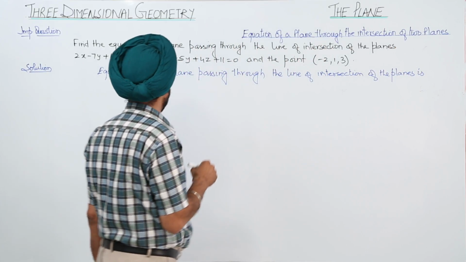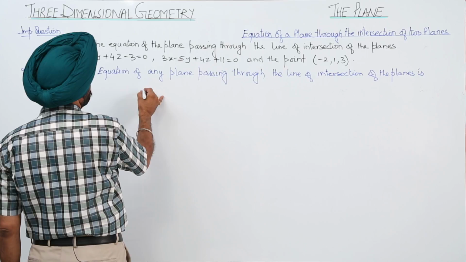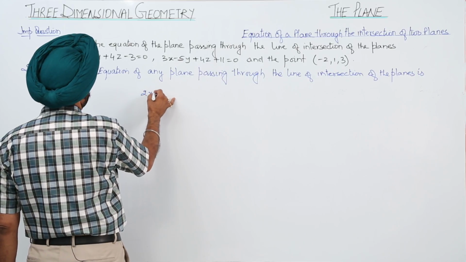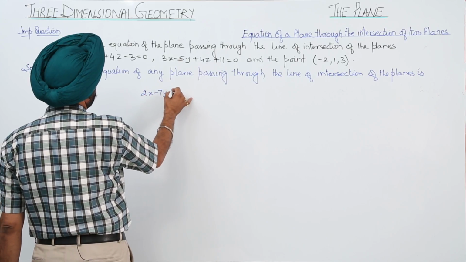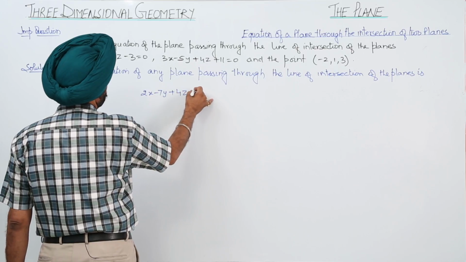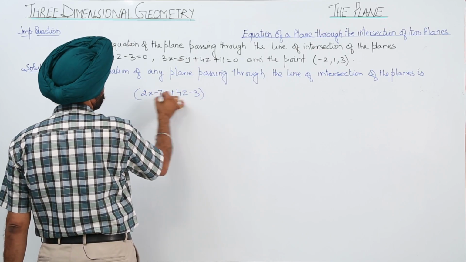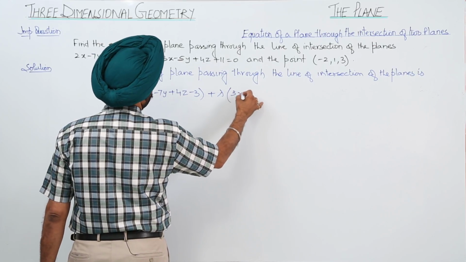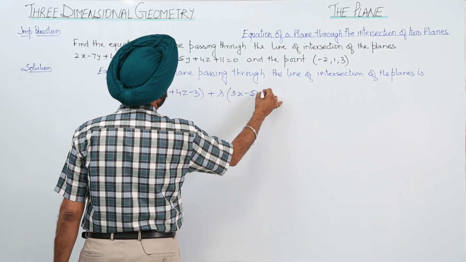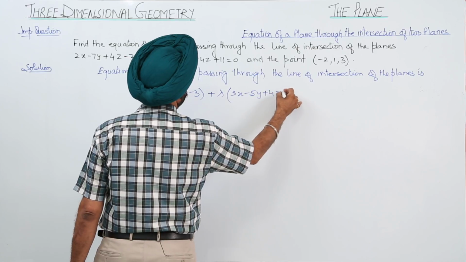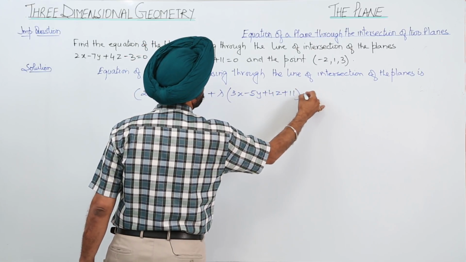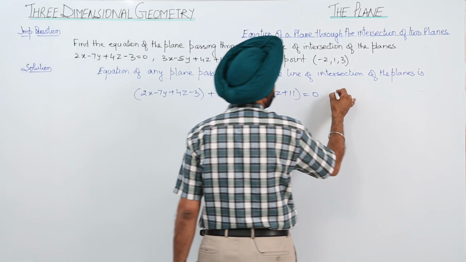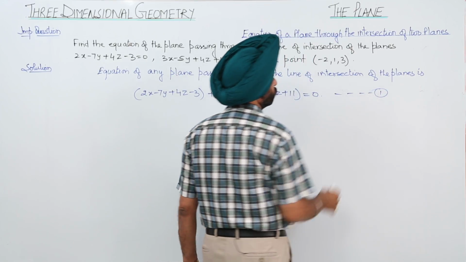now we are having two equations of the plane, so that is 2x minus 7y plus 4z minus 3 plus lambda times (3x minus 5y plus 4z plus 11) is equal to 0. Call this equation 1.